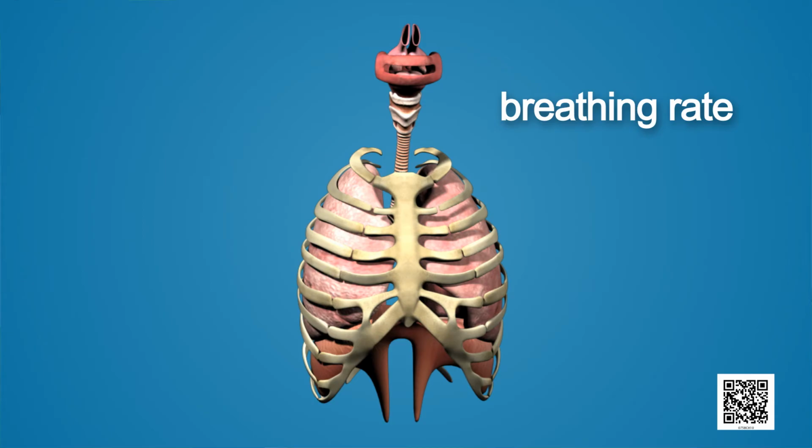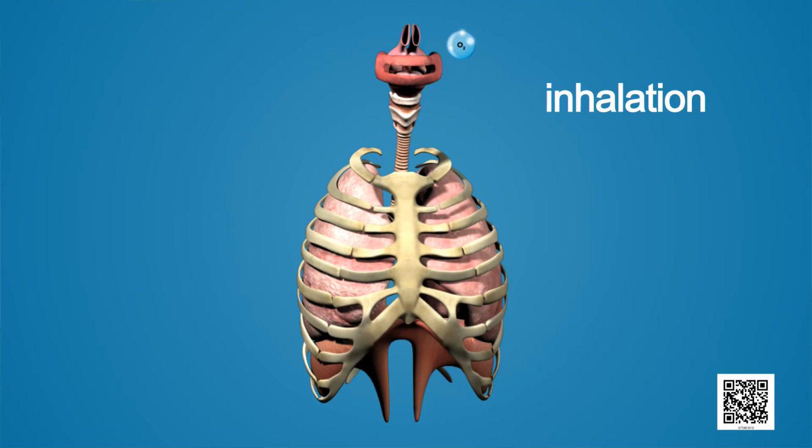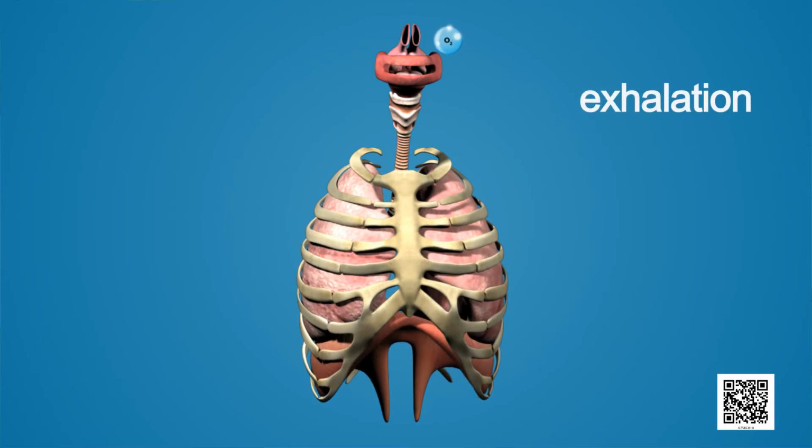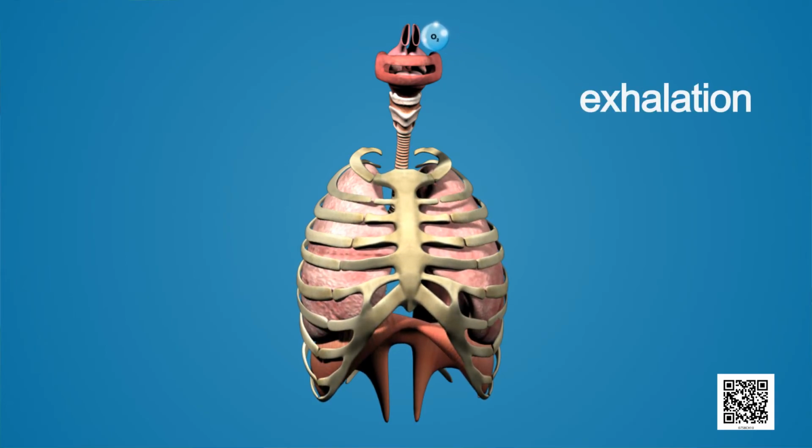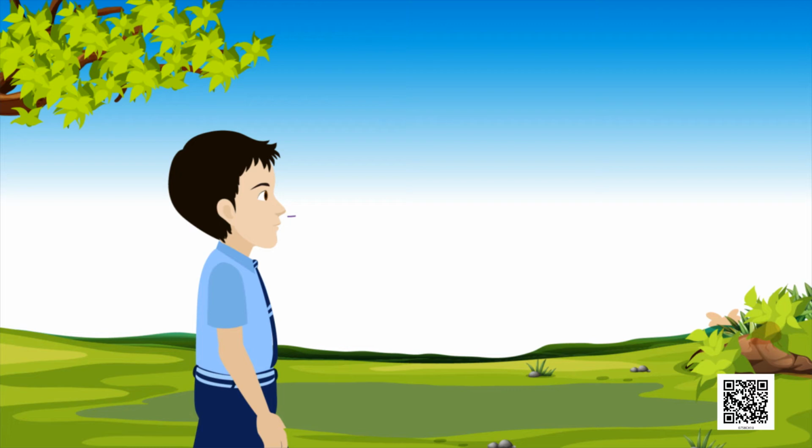A single breath means one inhalation and one exhalation. You can also count your own breathing rate. For this, you come in a steady state or at rest position and count how many times you breathe in and breathe out in a minute.